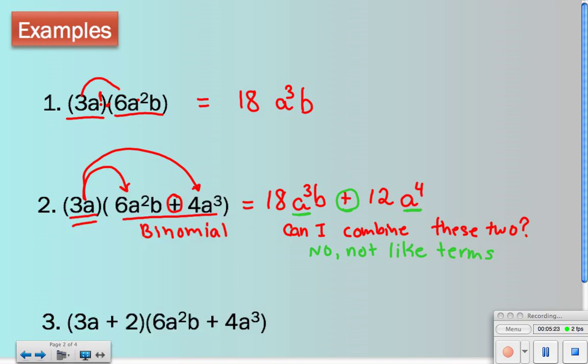Right here, we have something that's a little different. We have a binomial being multiplied by a binomial. Now you probably heard of this last year, and they called it FOIL. I don't like the word FOIL. I like the word double distribution. And I'll show you why in the next problem.